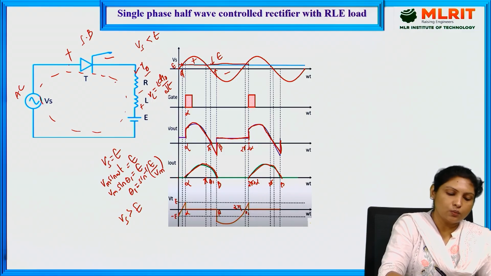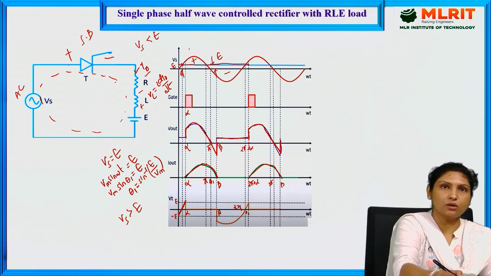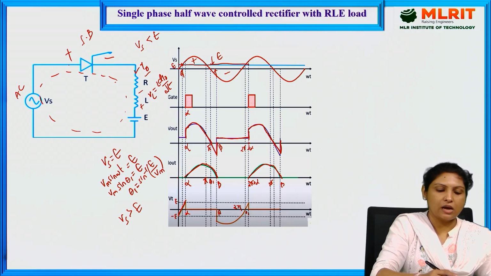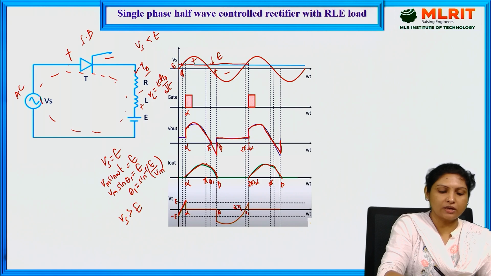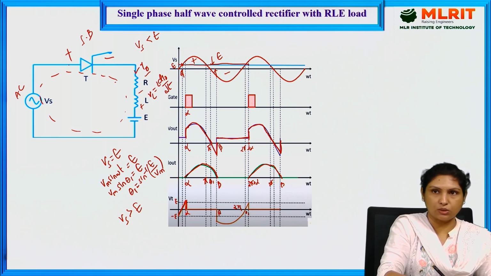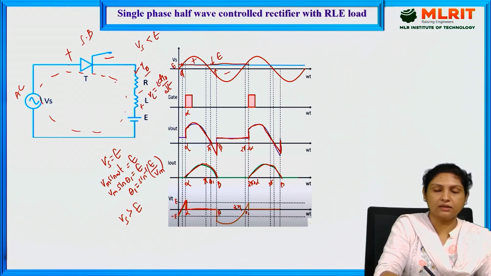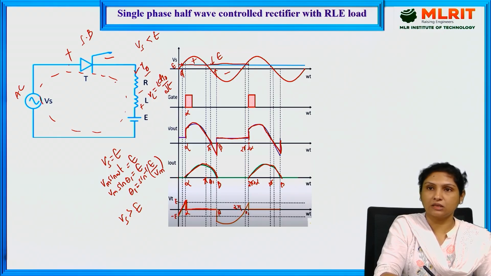Until then, the voltage across the thyristor is just similar to Vs. The moment the triggering pulse is provided, since the thyristor is on, the voltage across it comes down to 0, and it remains 0 as long as the thyristor is conducting, that is, till beta.